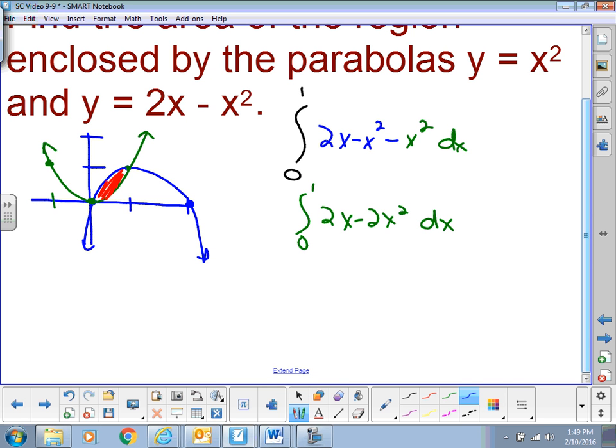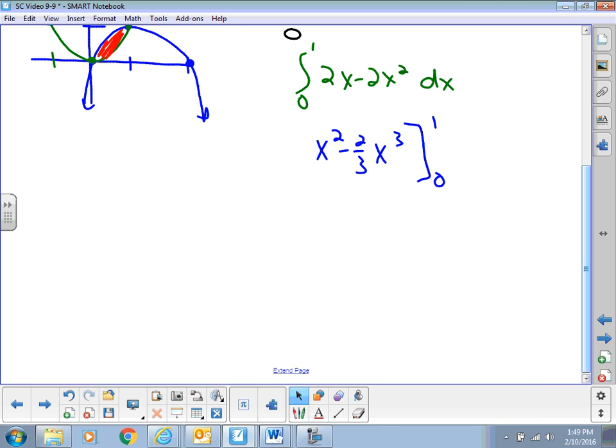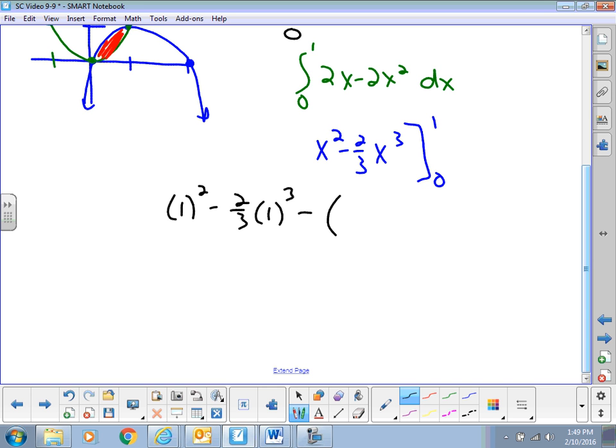So we'll take our antiderivative. We'll have x to the second divided by 2, so we just get x squared. We'll have x to the third divided by 3, so we'll have negative 2/3 x cubed. And we are going to evaluate that from 0 to 1. So we'll have 1 squared minus 2/3 times 1 cubed, minus, start your parenthesis, 0 squared minus 2/3 times 0 cubed. 1 squared is 1. 1 cubed is 1 times negative 2/3 is negative 2/3.